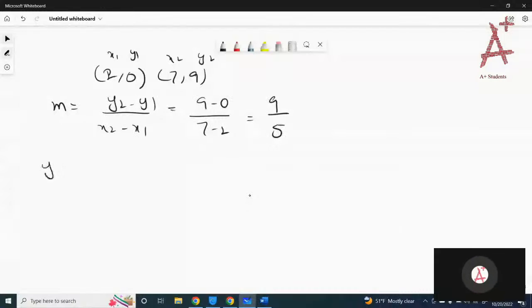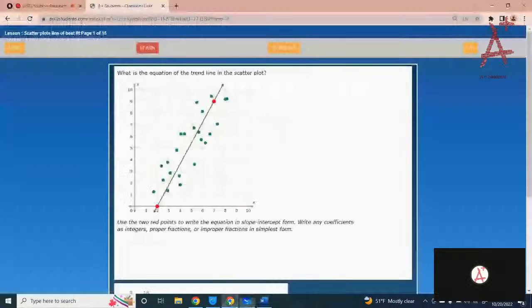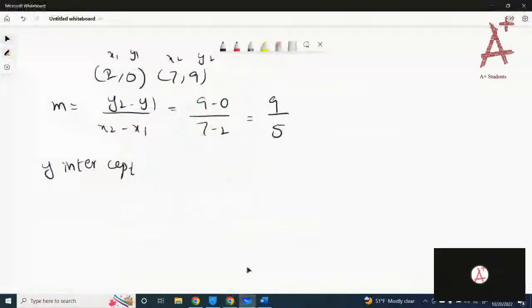Now you have to find the y-intercept. Sorry, we have a point that is (2, 0).